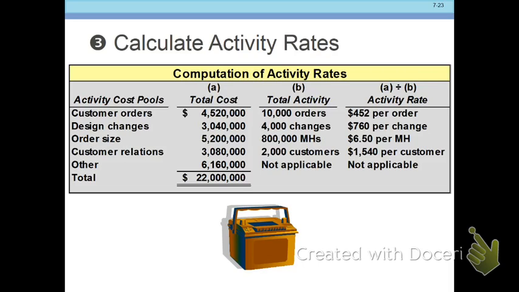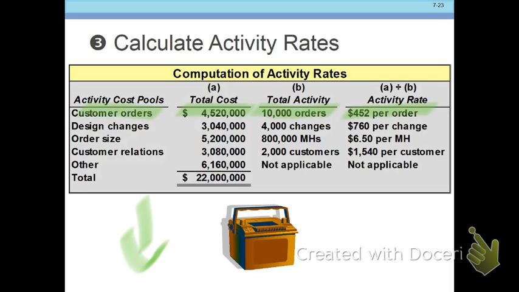Now the total cost, just a quick note here, that total cost is going down the column. If you go back to that spreadsheet and take a look at the column, it's the number at the bottom. The total activity is 10,000 orders.